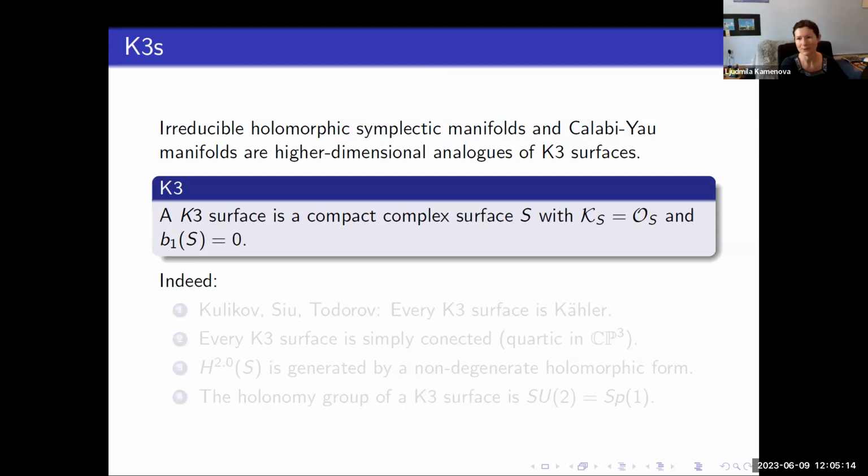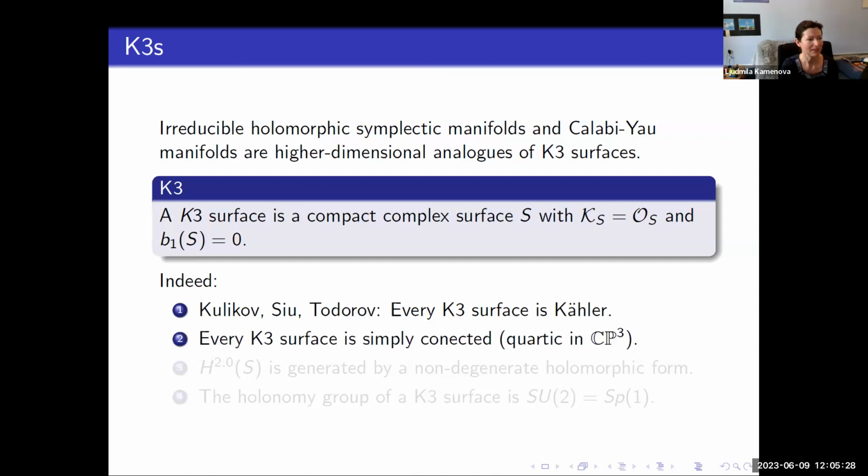Here we don't have to assume that the K3 surface is Kähler, because by results of many people like Kulikov, Siu, Todorov, every K3 surface is Kähler. And one can also prove that from this definition, it follows that every K3 surface is simply connected, because first you prove that any two K3 surfaces are deformation equivalent to each other. So in particular, each one of them is deformation equivalent to a quartic in CP3, and that's simply connected because it's a complete intersection.